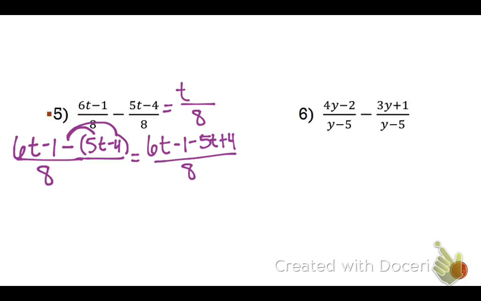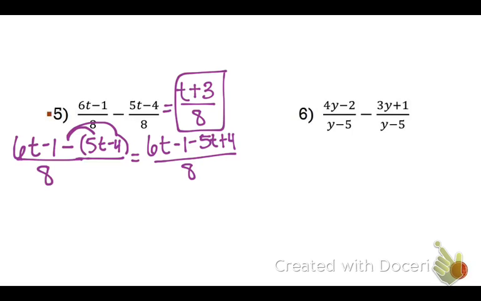Then we also have to combine what? Negative 1 plus 4 gives me positive 3, so I put a plus 3. Is there any way that I could simplify this more? No, there's nothing to factor. Nothing's canceling out, so we just leave it there. Questions about 5?